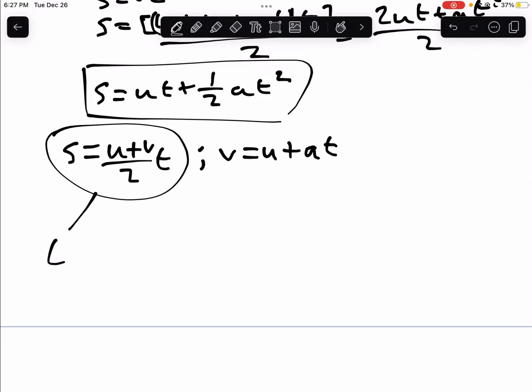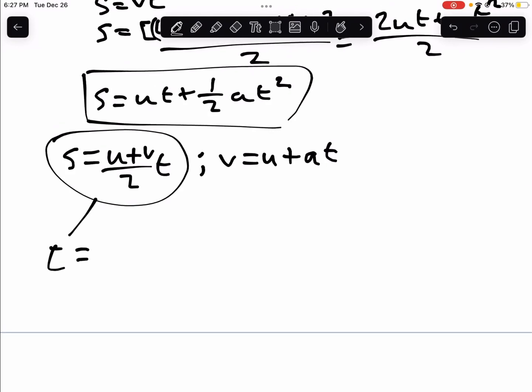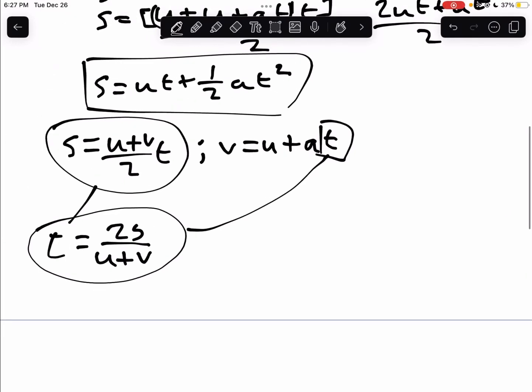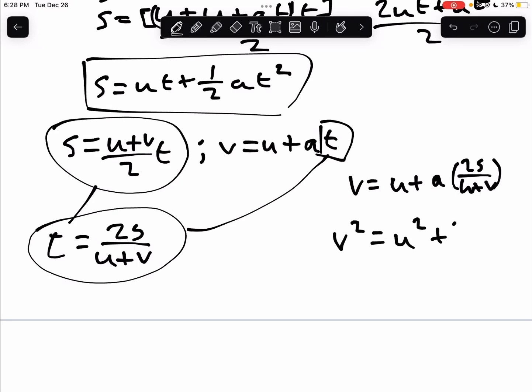T is equal to 2S over U plus V. Now, we're going to plug this T right into here. So this becomes V is equal to U plus A times 2S over U plus V. And then after some algebra, we'll obtain V squared is equal to U squared plus 2AS, which is the final formula in the booklet.